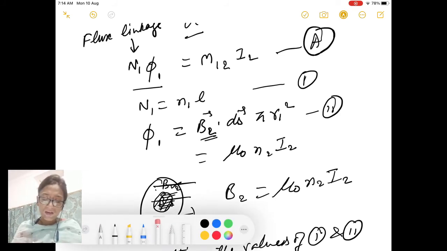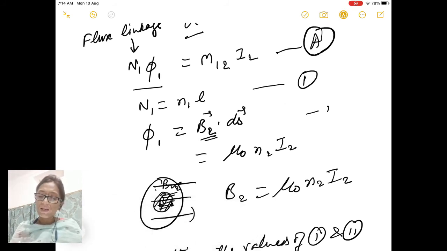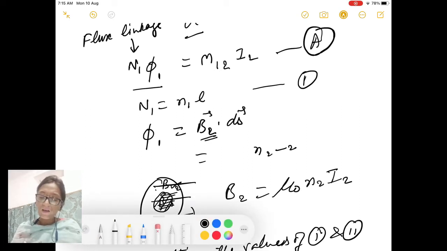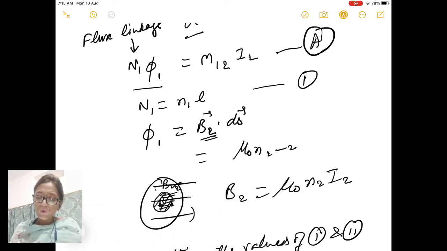Something erroneous I have written. So this is equal to mu naught N2 I2 into area. Now this area is the area of the inner solenoid, that is pi R1 square.